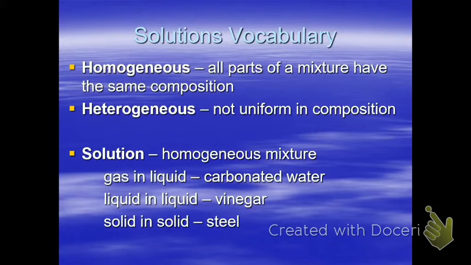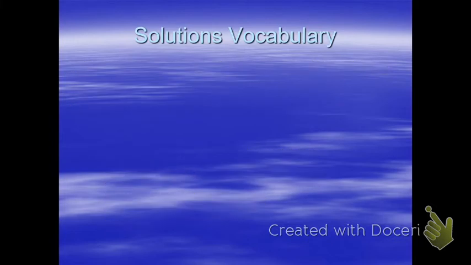An example is steel. Steel is primarily made up of iron, but steel has small amounts of carbon dissolved in it, mixed in it, and it is a uniform composition. So these are just some examples of solutions, homogeneous mixtures.